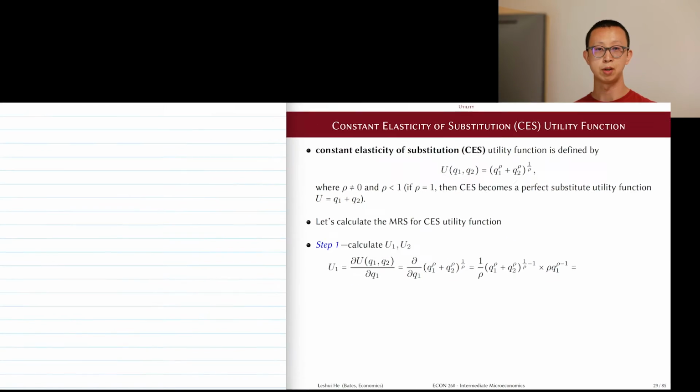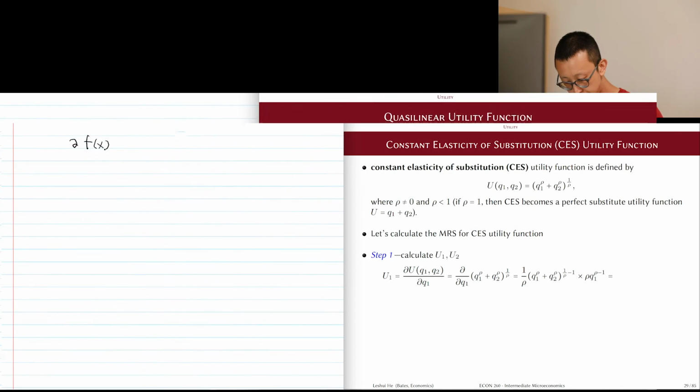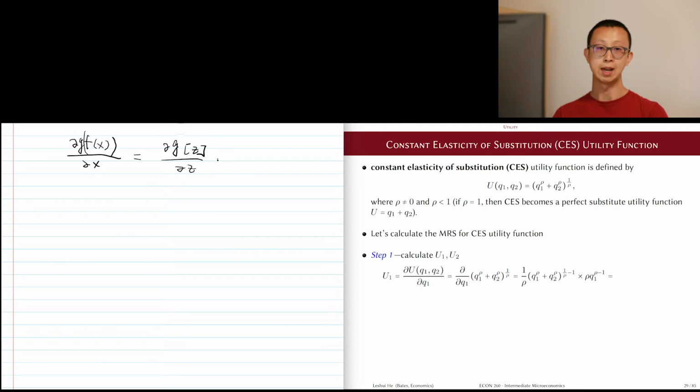As a quick refresher of the chain rule, if we take the derivative of a function that is wrapped by another function with respect to x, we first take the derivative of the outer function with respect to whatever is inside it, treating that as a bundle that is moving inside the outside function.